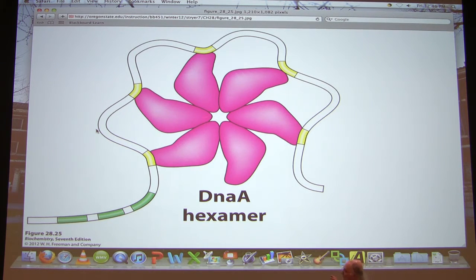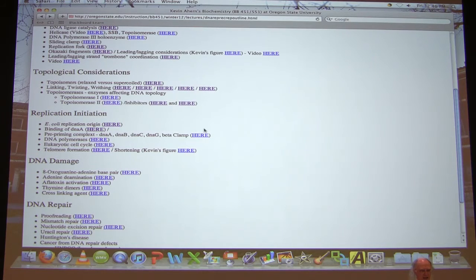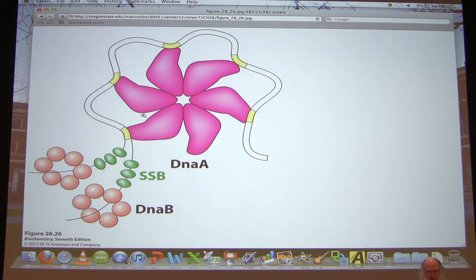So we get DnaA binding, opening of the DNA, and DnaBC binding. Now, DnaBC has something very cool associated with it. It's a helicase. Well, what's a helicase going to do when it gets in there? Here's single-strand binding protein helping to hold it open. There's B, and actually C has left by this point.